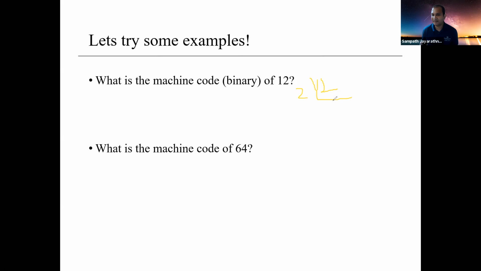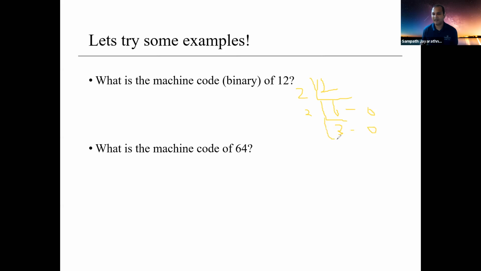You have 6, remaining 0, because if you multiply 6 by 2, you get 12, so no remaining. Now we divide again. Divide 6 by 2 and you have 3, and then 0, because there's no remaining for that.